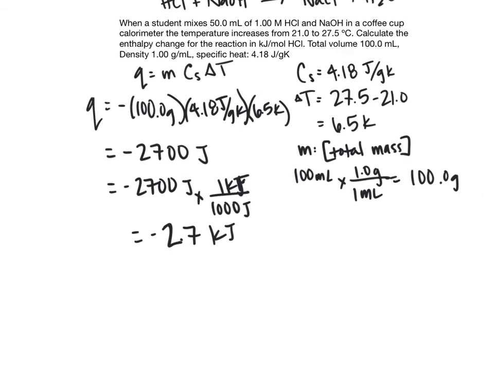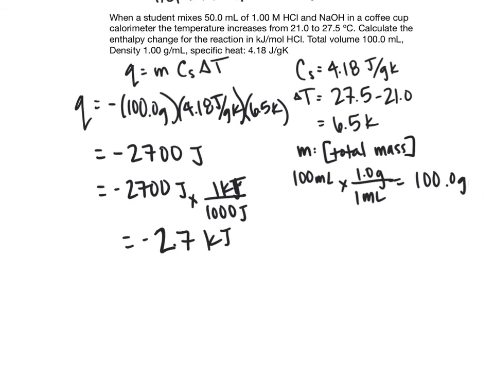Now, the most common thing is to just slap a per mole underneath and call it good. Except if we remember back to chapter 5, part 2, what we need to do is make sure we divide by the quantity of moles that we have. So this is in fact wrong, and we are not going to do that. What we are going to do is figure out how many moles we have in this component.